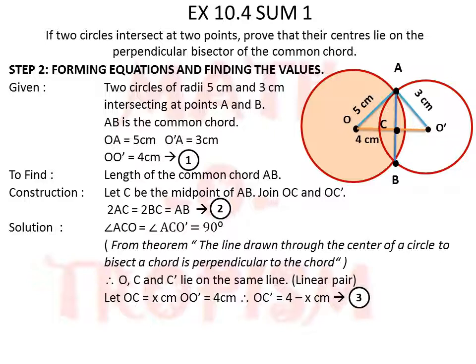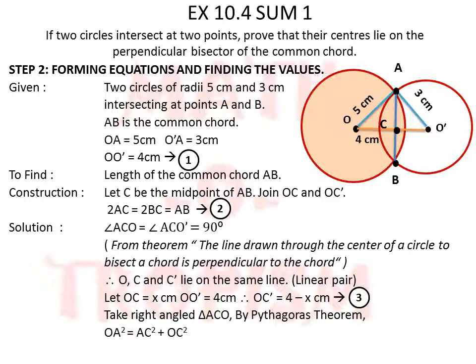Now we will take the two right angled triangles, triangle ACO first and then triangle ACO dash. When we take the first triangle, OA square is equal to AC square plus OC square. From 1 and 3, we already know that OA is 5 centimeters and OC is x. When we substitute, we get 5 square is equal to AC square plus x square.